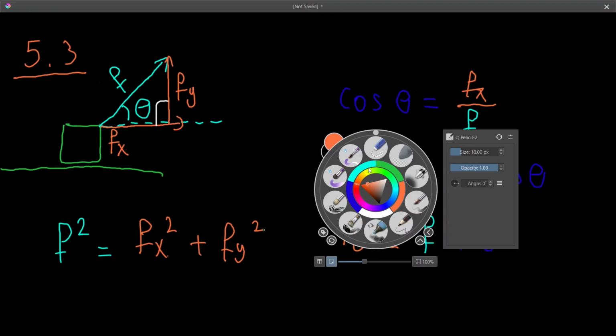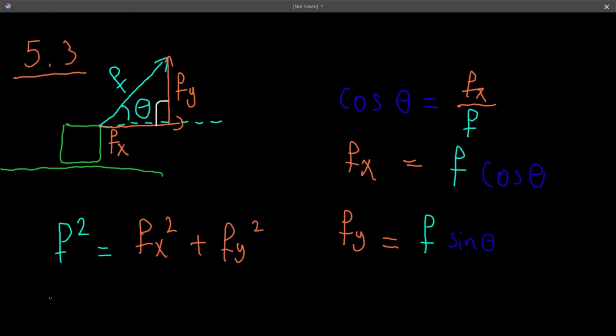Put a radical on both sides, and you'll get that F is equivalent to the radical of Fx squared plus Fy squared.